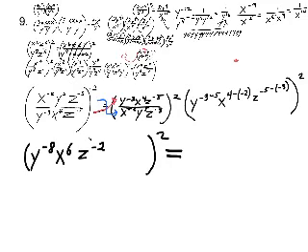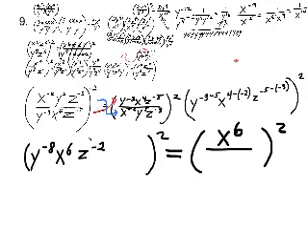Alright, so our positive one we can still have this to the 2nd power. Positive one is z and x, so it has a positive exponent. X to the 6th is on top. And then our y to the 8th, we're going to stick that in the denominator so it can be positive. The z to the negative 2, we'll put that in the denominator. That becomes positive. Alright, so now we'll take our 2 and we can multiply it times the x to the 6th, because we've got 2 of them.